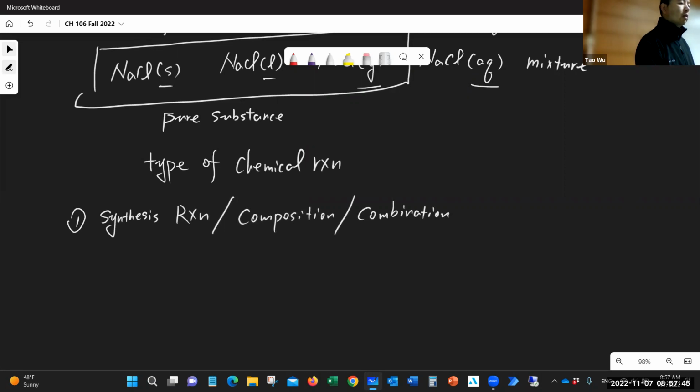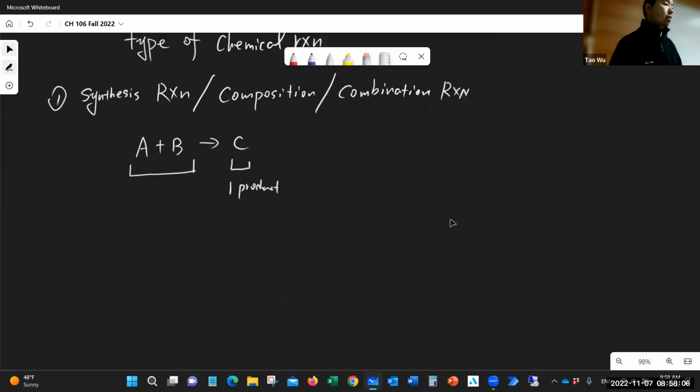Generally, it's talking about the same thing. It's just A plus B to form C. We have multiple reactants, but only one product. So that is the synthesis reaction.